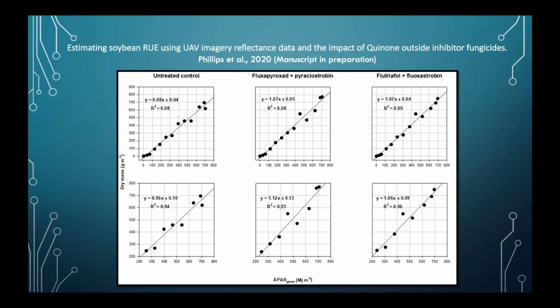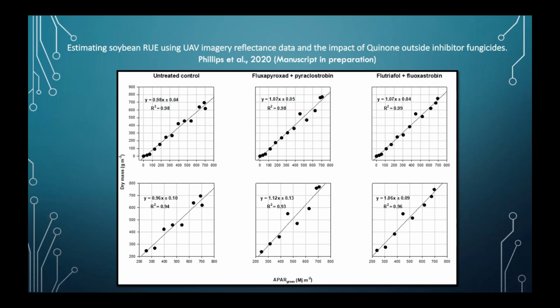And so we accurately predicted or estimated, I can't say accurately, but our predictions of RUE fell within the range of published values. So we can use consumer grade unmodified imagery to help move towards complete estimation of RUE.